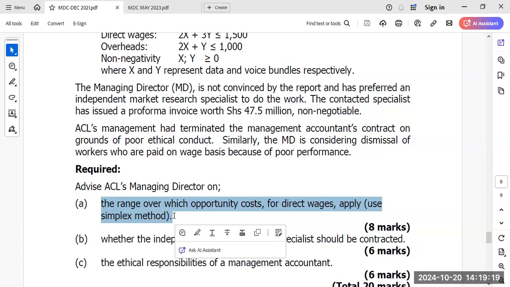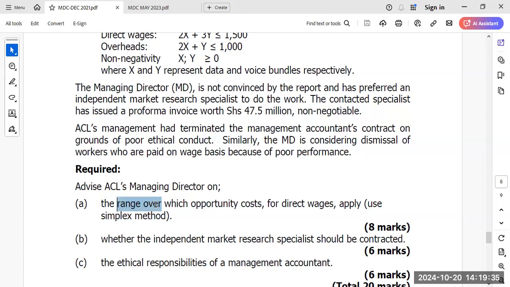How can you use Simplex method? How can you solve a linear programming model using Simplex method? Then after solving the linear programming model using Simplex method, you go ahead and get the range. Range here, you need the lower limit and the upper limit.